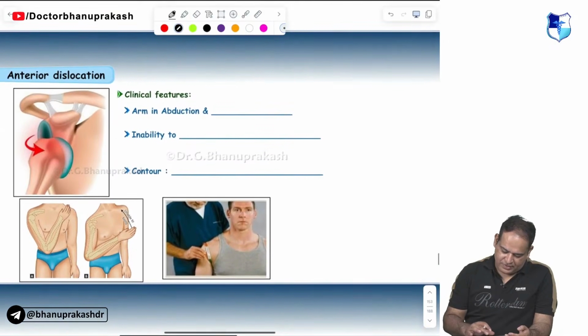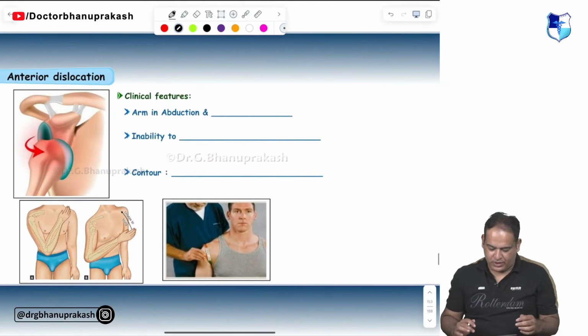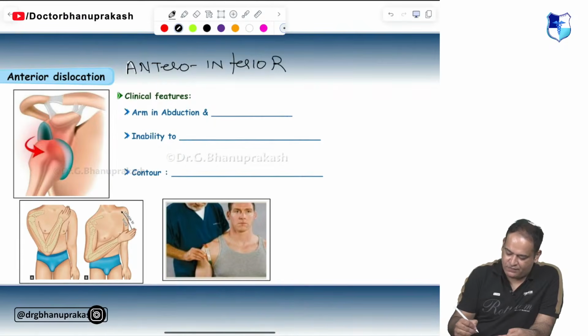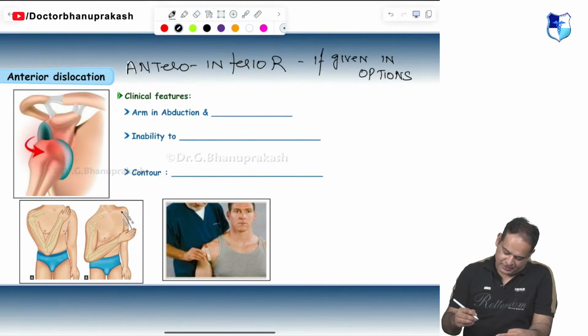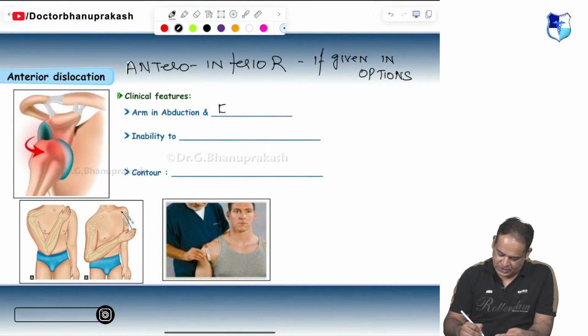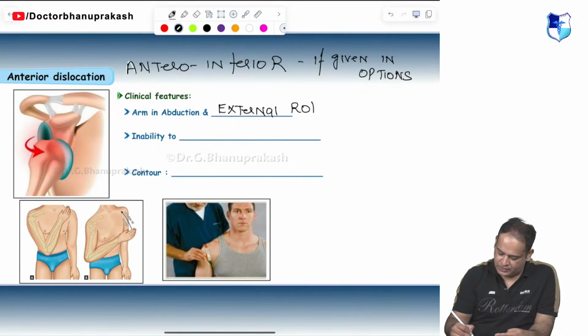Okay. Now, what is the most common type of dislocation? Anterior. Now, please mark antero-inferior. If it is given in the options, please mark antero-inferior, because that is a better choice, right? So arm is held in abduction like this, abduction and external rotation.